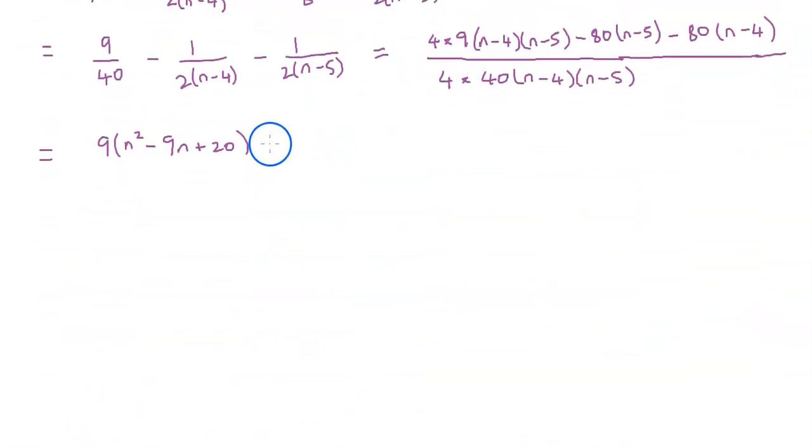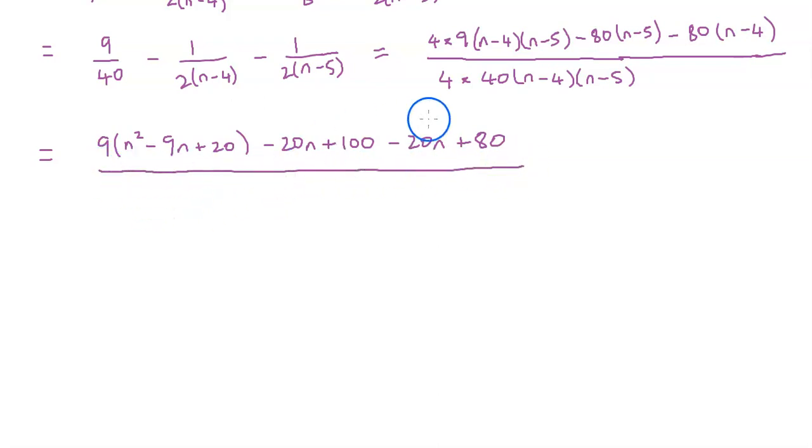Alright, and then so 80 divided by 4 is 20. So minus 20n and then plus 100. And then minus 20n and then plus 80. And that whole thing is divided by 40 times n minus 4 times n minus 5.